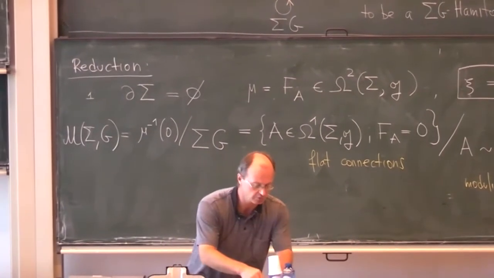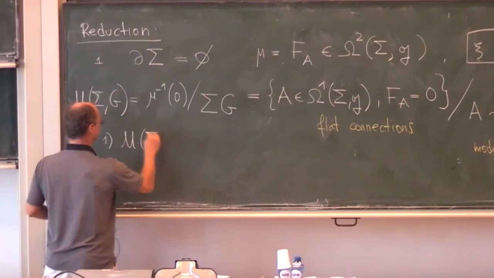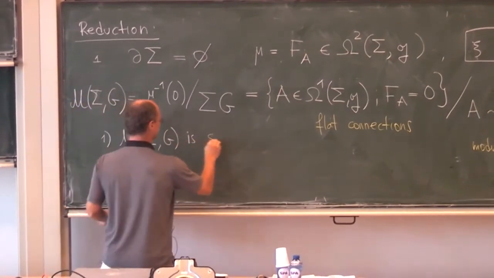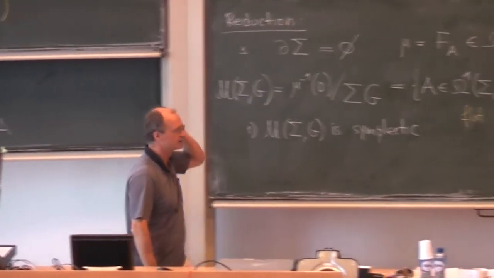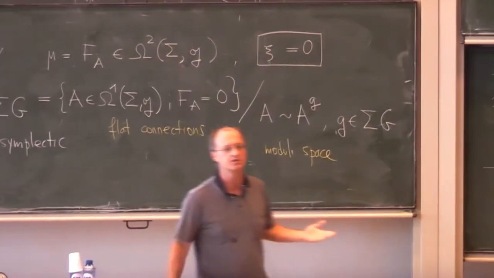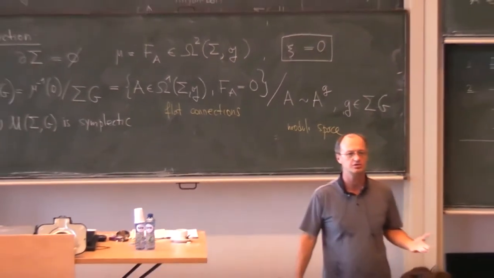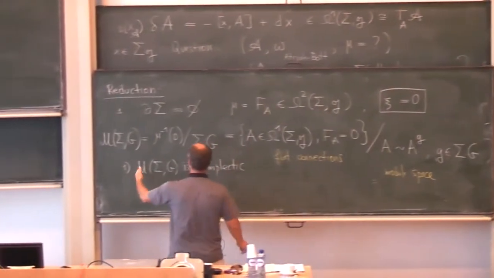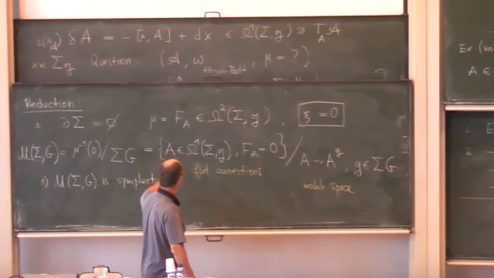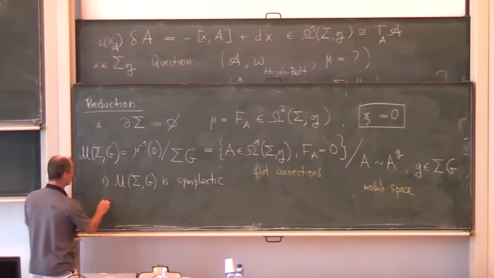of sigma, G. Well, two remarks about it. One, M(sigma, G) is symplectic. Formally speaking, we saw it yesterday. Of course, here we are risking a little bit because it's an infinite dimensional construction, and we don't quite know whether it's really going to work. But in this case, it does work. So the Atiyah-Bott 2-form does induce a 2-form on this space, and this form is symplectic.